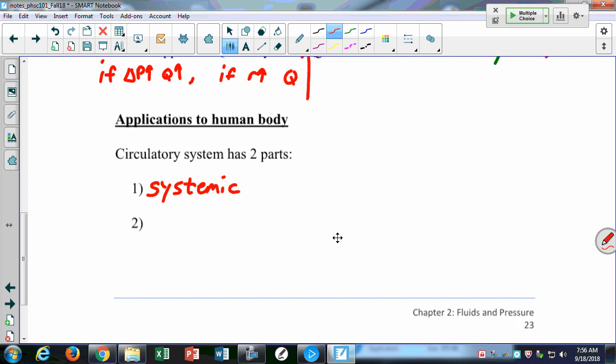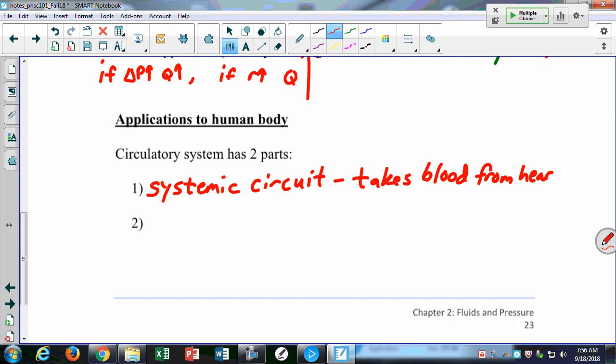That takes blood from the heart to the body. This is sort of what you think of when you think of the circulatory system, right? It goes from the heart, and then it goes out to all the different parts of the body.